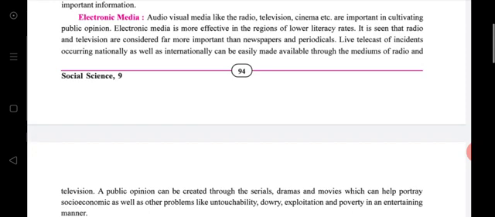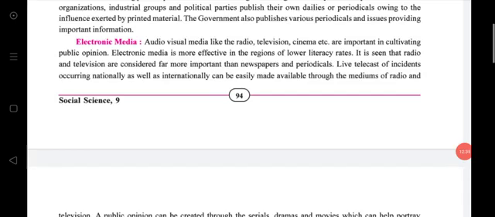So uneducated people can also know the other information and news. So electronic media is useful for both educated and uneducated people, but print media is not useful for uneducated people who cannot read.